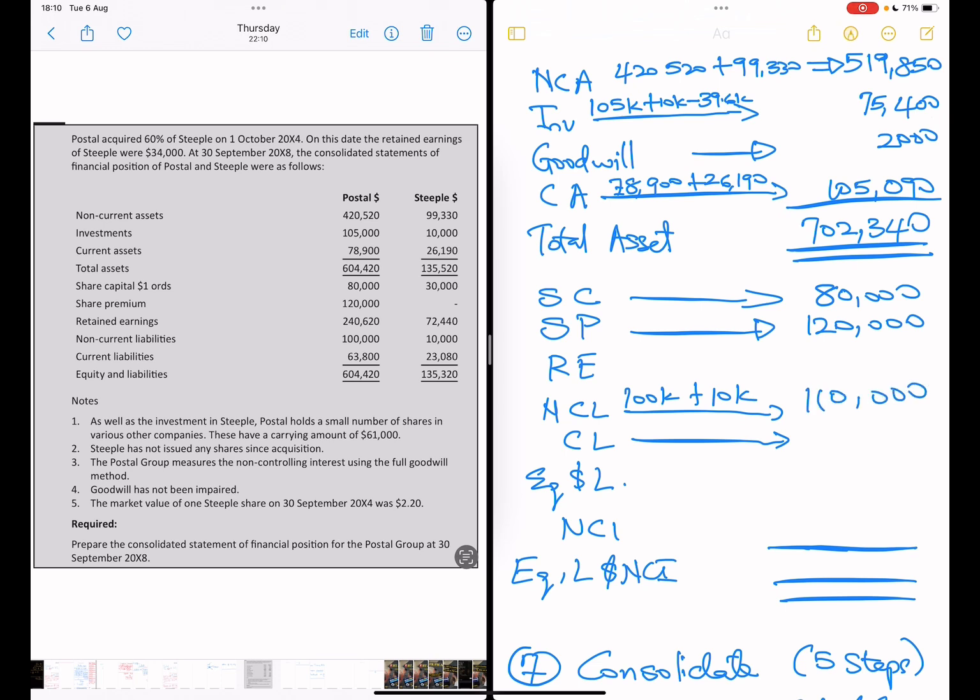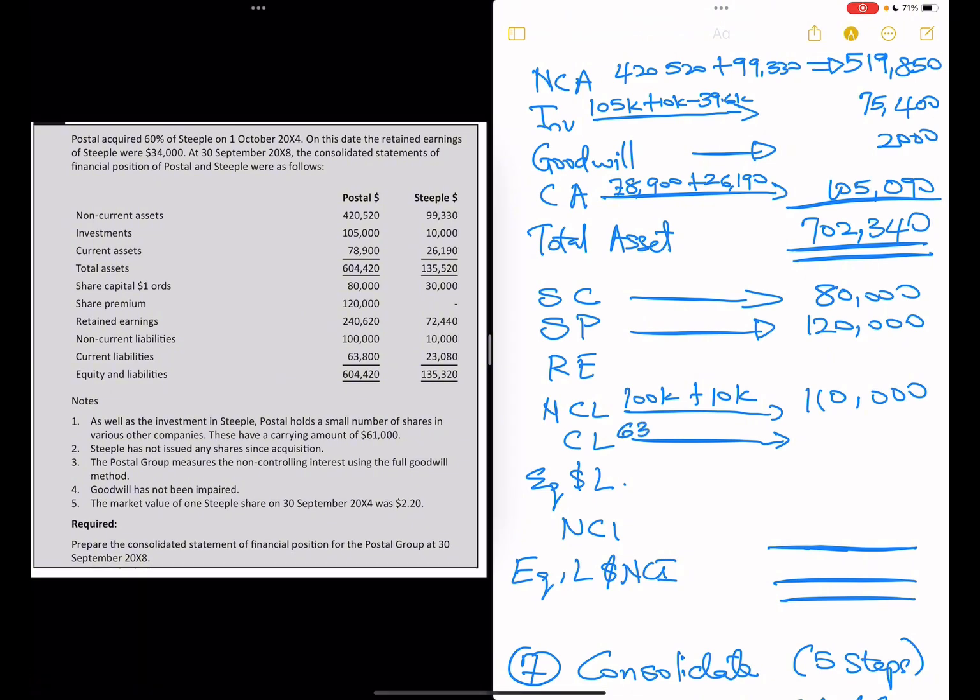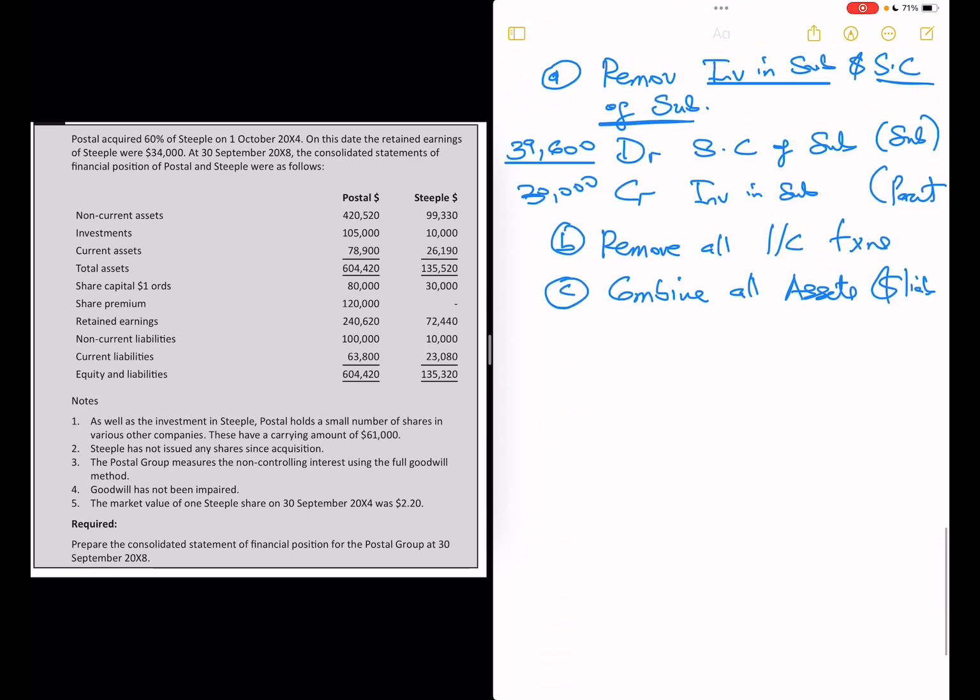Then current liability is 63,800 plus 23,080. And if we add that together, that will give us a total current liability of 86,880. So we are left with retained earnings now, which is our step D, the 4th step, which is to calculate the group reserve.